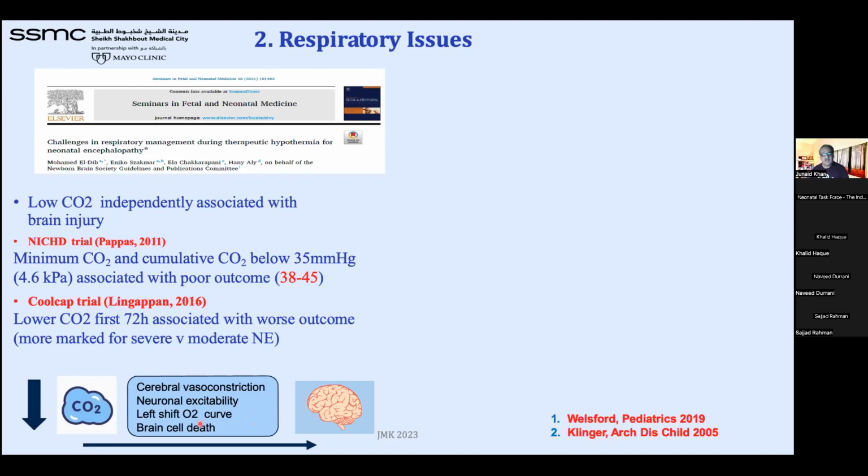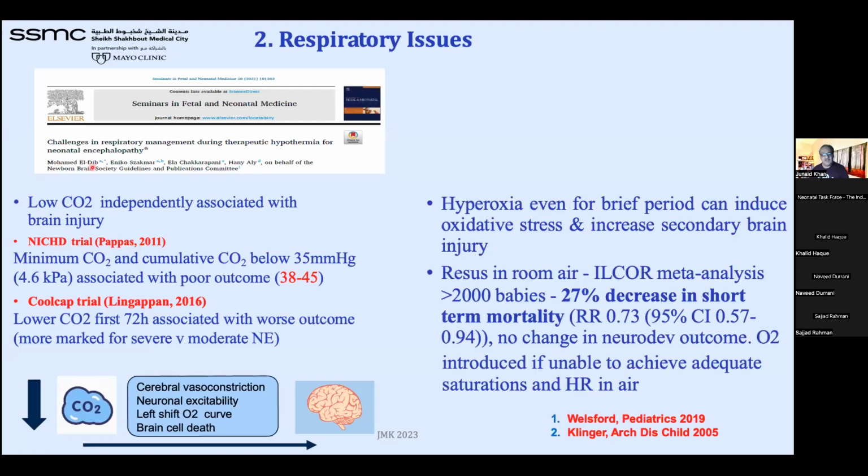Before we think about high-frequency ventilators and such, please try to buy blenders. All units should have a blender, because otherwise you end up with hyperoxia. As you can see here, even a brief period of hyperoxia can induce oxidative stress.